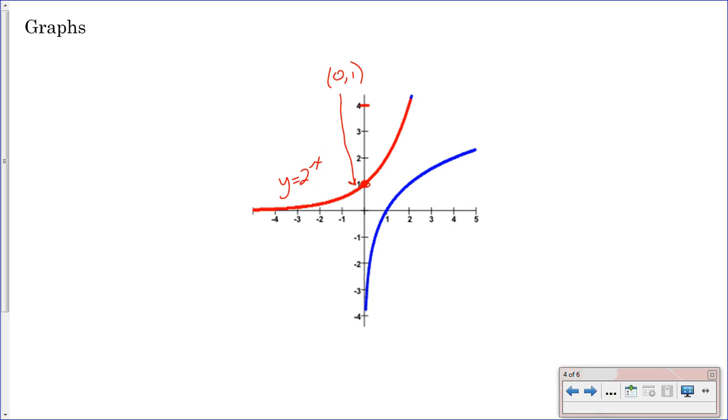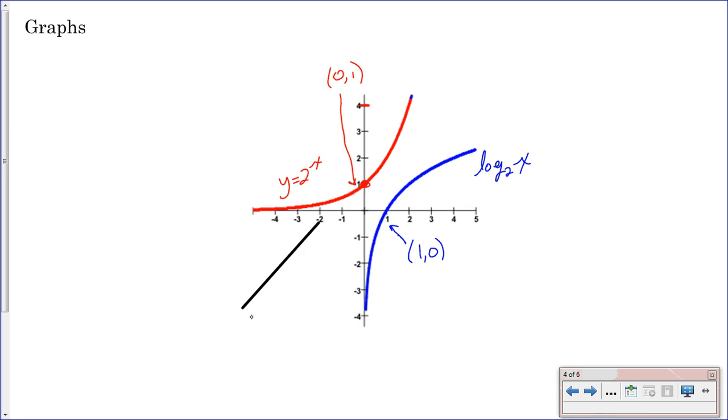Now, log graphs. This here is your log base 2 of x. Your log graph will always go through the point 1, comma, 0. Because if you think about it, these are reciprocals of each other.